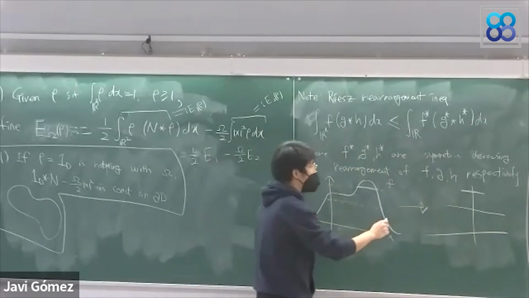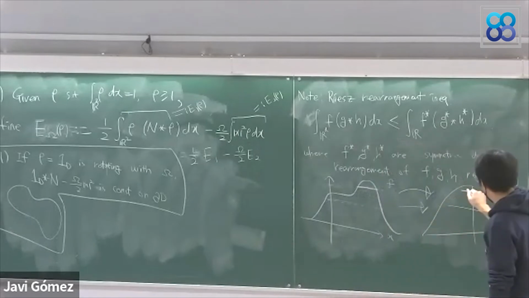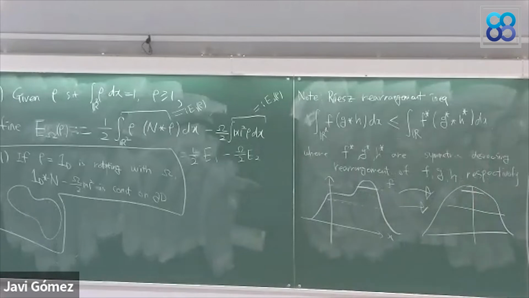After this procedure, you're going to get a symmetric function. So in 1D, you have just one symmetric axis, but in 2D or higher dimensional, you're going to get radial functions.